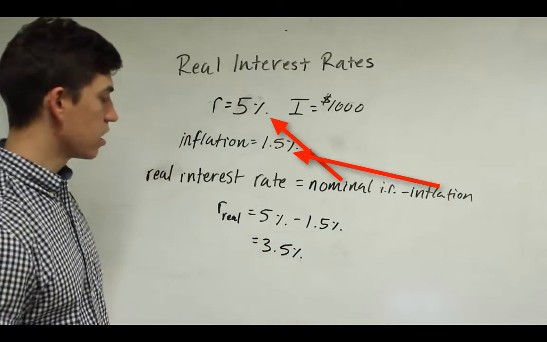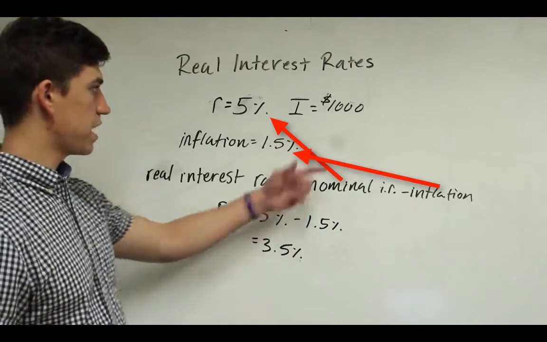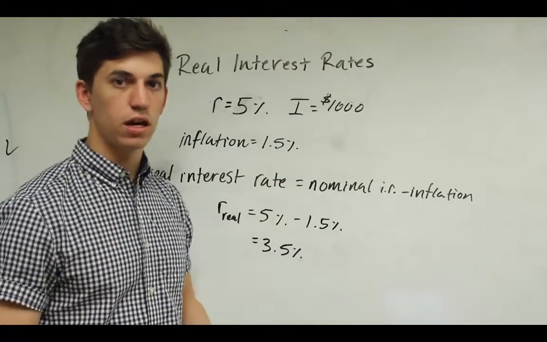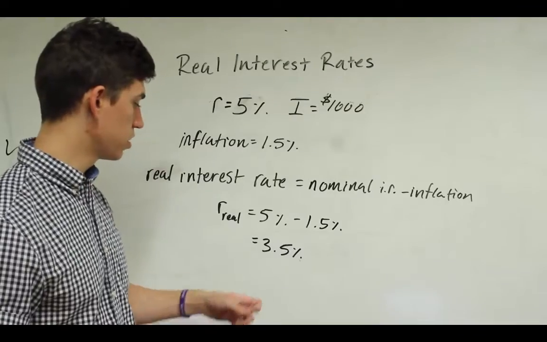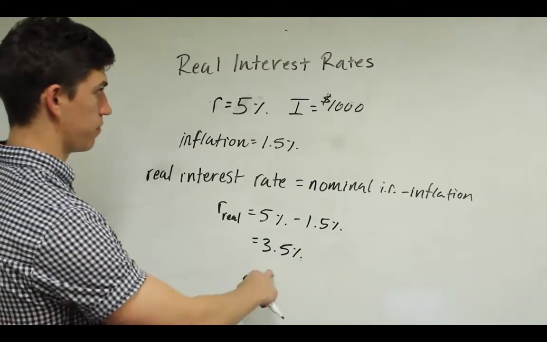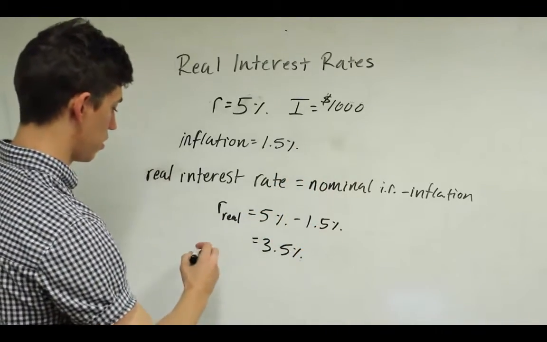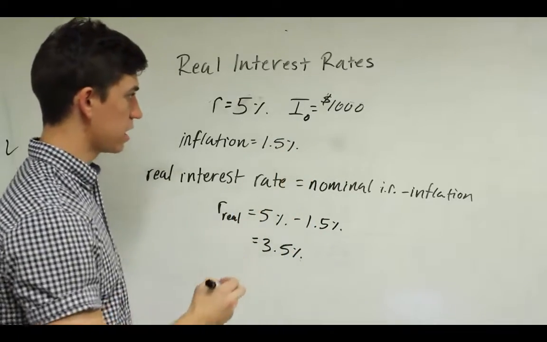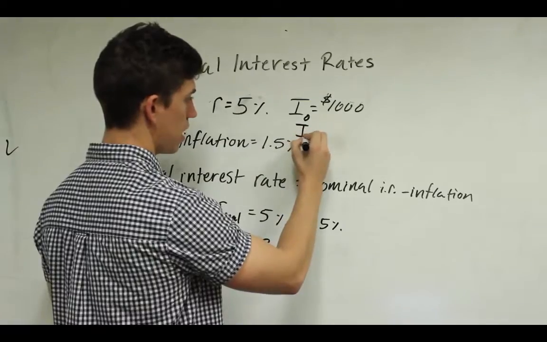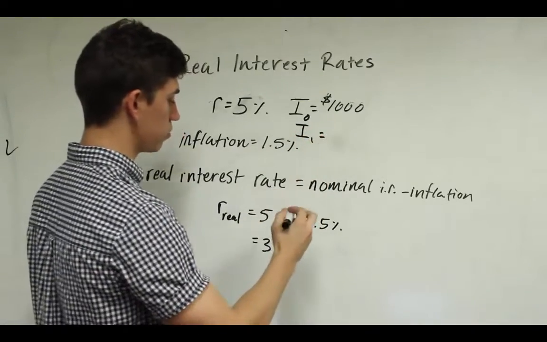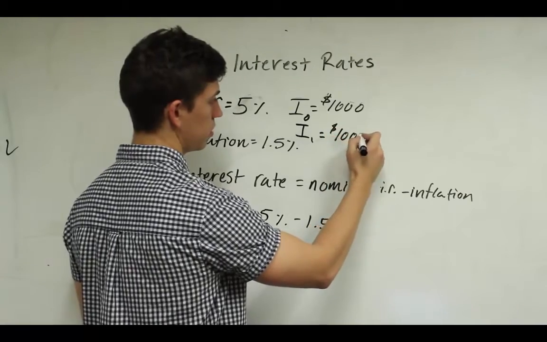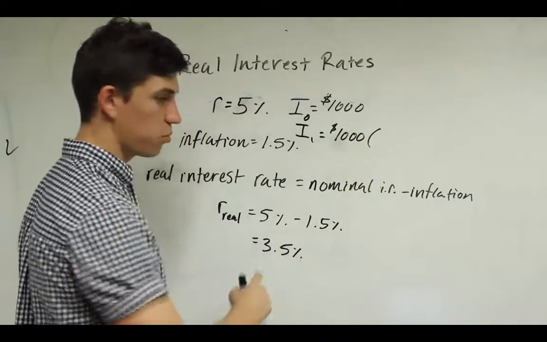So if we want to see how much this $1,000 investment, how much money you're going to have in terms of dollars today, accounting for the fact that general price levels rose, we would just do this: our investment at period 0 is $1,000, so the amount of money that we're going to have at period 1, I1, is going to be equal to our initial $1,000 investment times 1 plus the real interest rate.